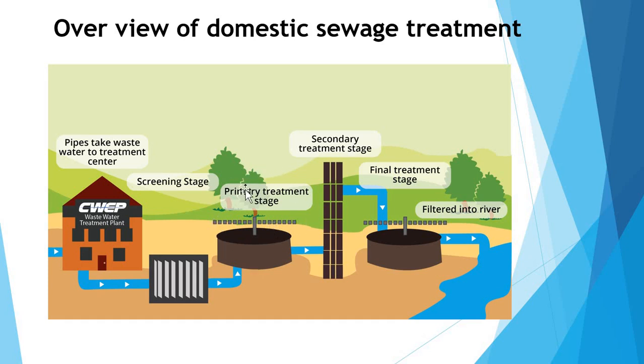So this stage is called the preliminary or primary treatment stage, and from the primary treatment the wastewater enters the secondary treatment stage, in which the microorganisms help the processes. And from the secondary treatment stage, after disinfection, the wastewater enters the final treatment stage if needed, and then it is discharged into the environment.